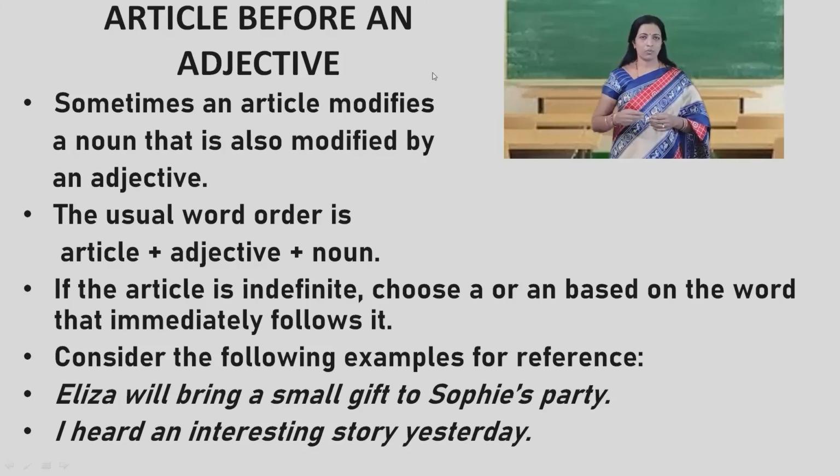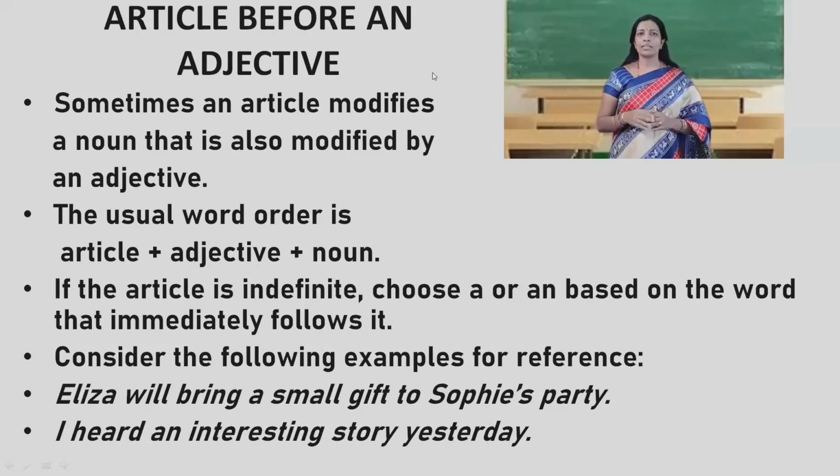Interesting begins with a vowel, so we will have to use the indefinite article "an." And that is why we see an interesting story. So, whenever you are using an article before an adjective, this word structure should always be article followed by an adjective, which is then followed by the noun.